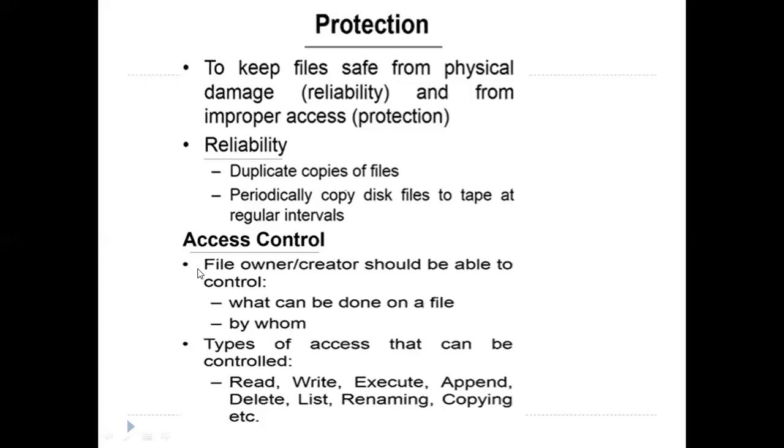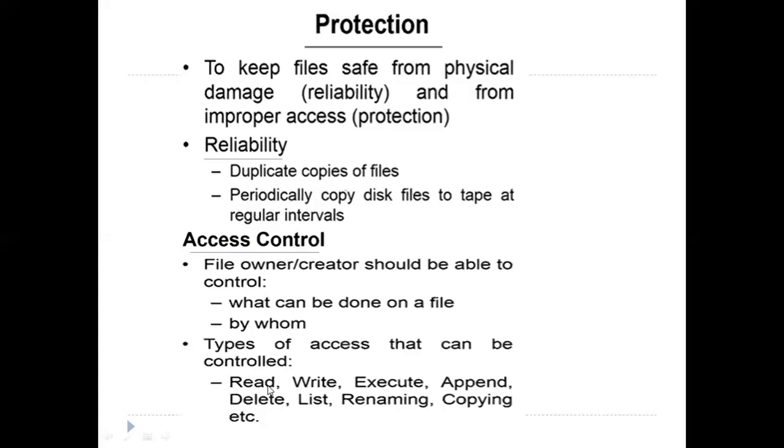The file owner or creator should be able to control what can be done on a file and by whom. I should give access saying that so and so person can have write access or execute access. That is what we call access control. So what are the different kinds of control I can give to different users after creating a file?